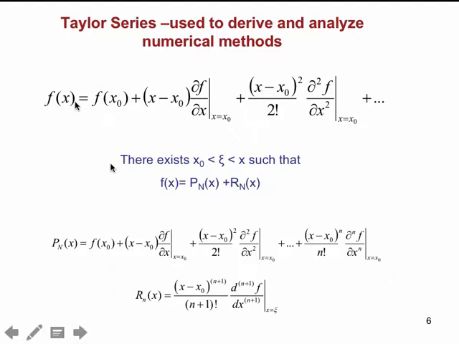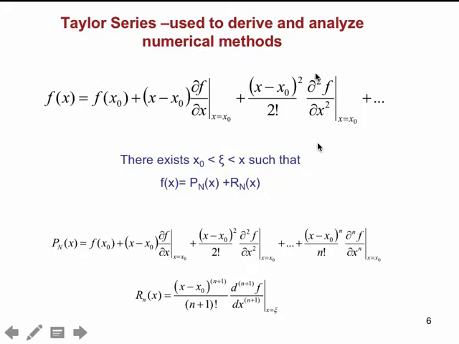So it says that the value of a function at a point x is the value of that same function at some nearby point that we're describing as x0, plus the difference between the two times the derivative of the function evaluated at x0. And then you can keep going, there are these terms.